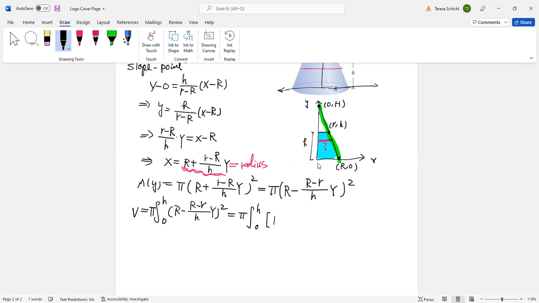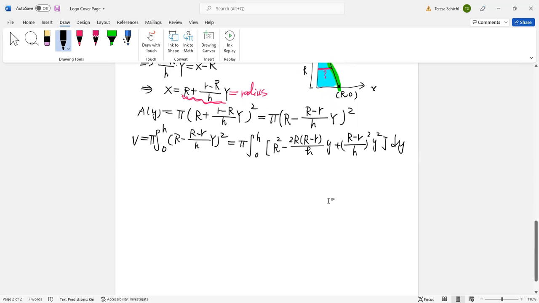Now you just FOIL that. So this will be R squared minus, and this will be the 2R, then the R minus lowercase r over h, y, and then plus R minus lowercase r over h, squared, y squared, correct? And then the dy here. So now this integration will be pretty straightforward, just very tedious algebra, right?